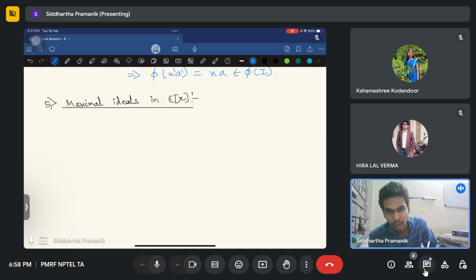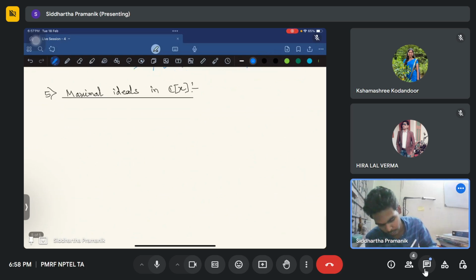So first of all, the first point is every ideal in C[x] is a principal ideal, right?